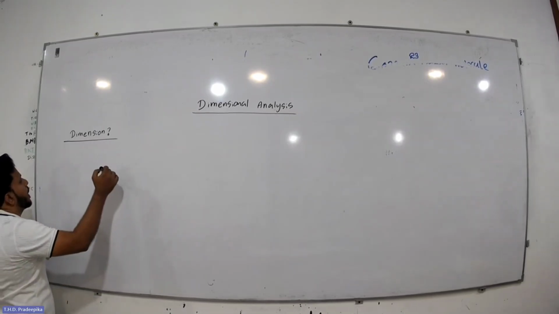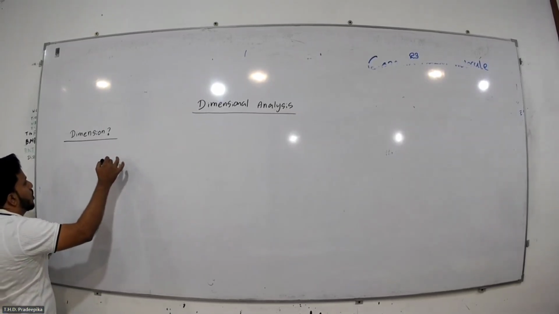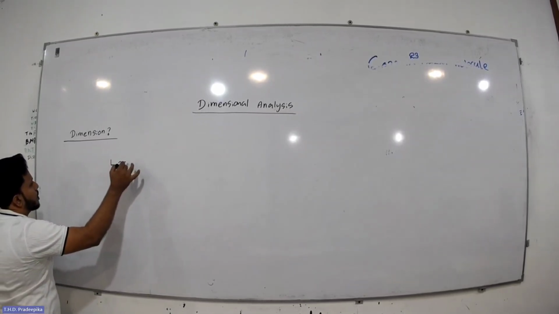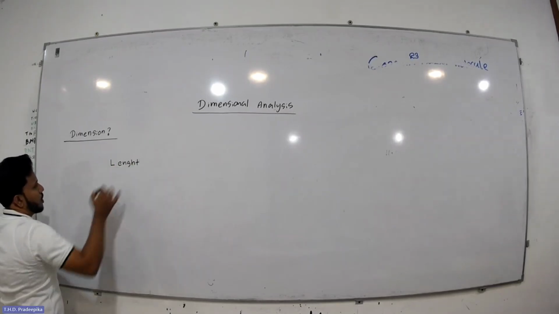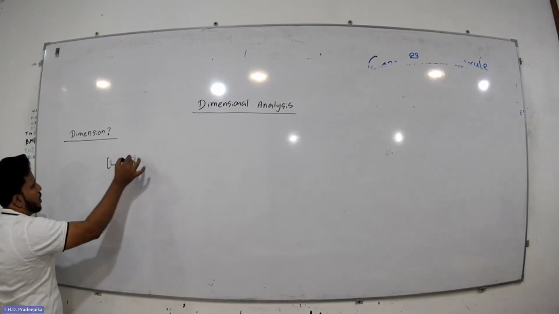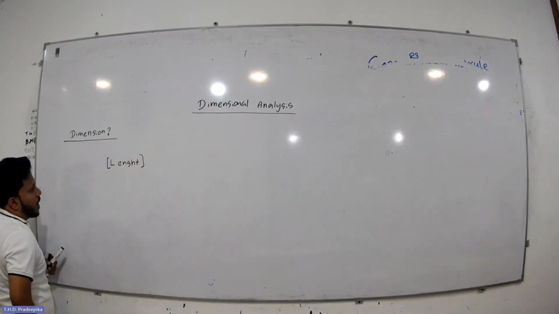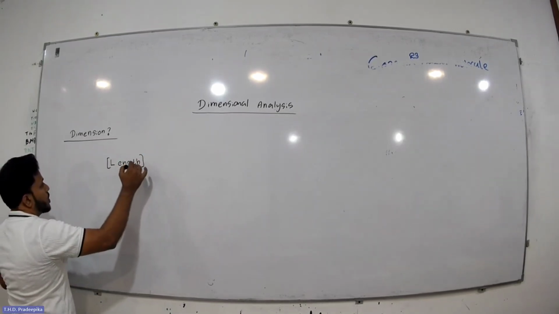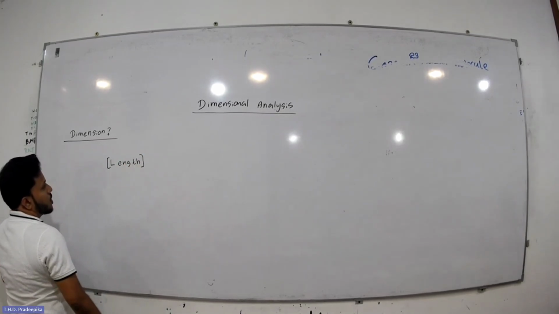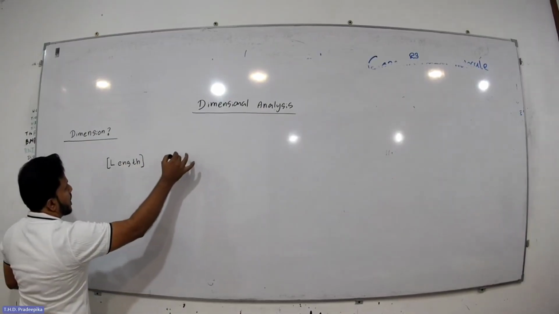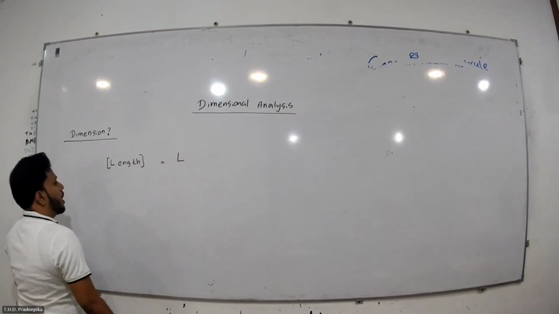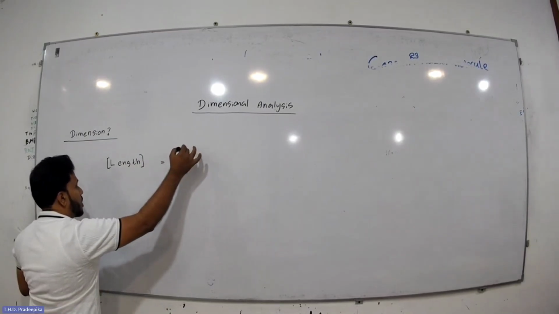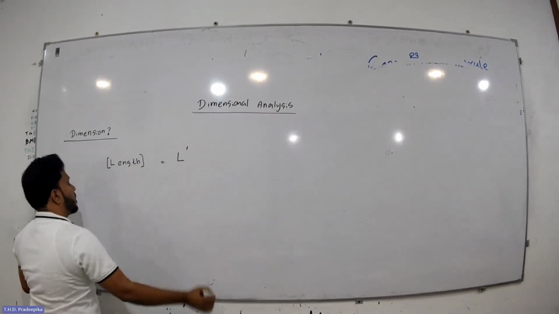For example, we take length. For length we use capital L as the symbol, and the dimension of it is 1.